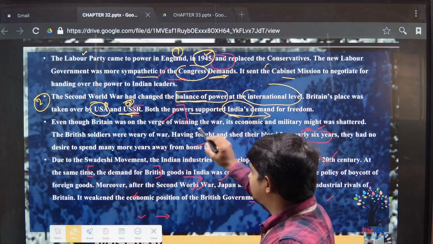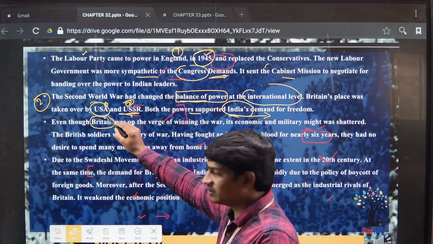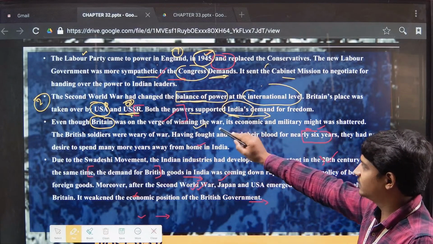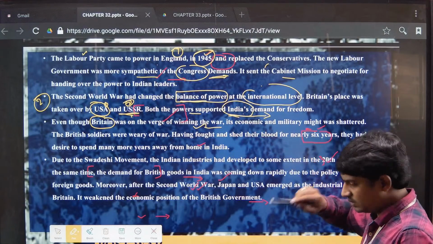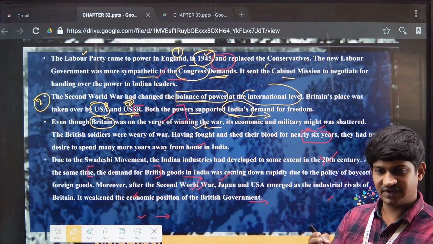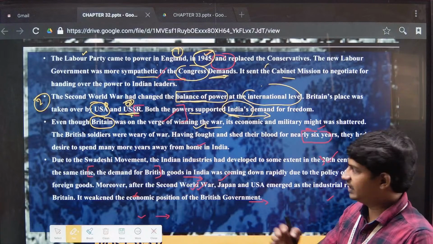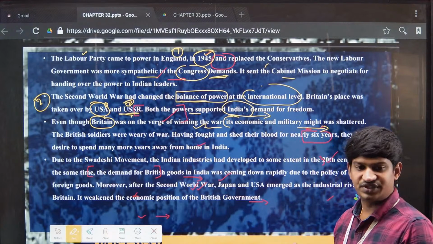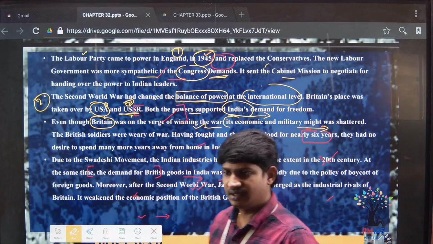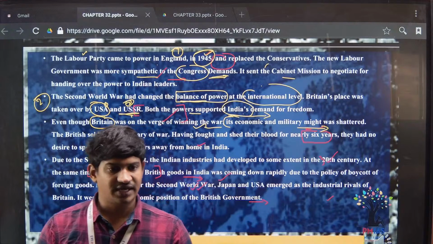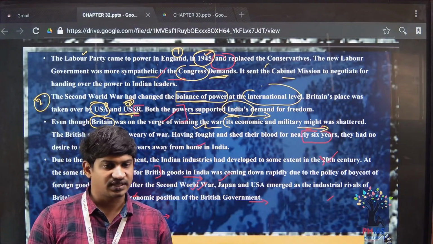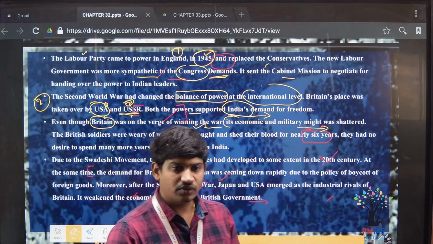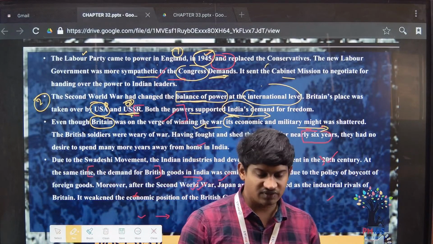And the next thing is, initially it looked like the British would win World War 2. Yes, there is no doubt about it. But despite that, even if we assume Britain's victory was in this war as they thought, their economic and military strength was shattered. The soldiers in the British army were not ready to fight again, because they had fought continuously for 6 years, and they were not ready to safeguard the colonies of the Britishers.